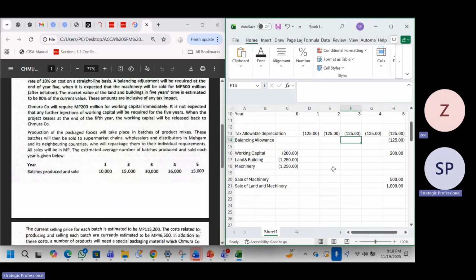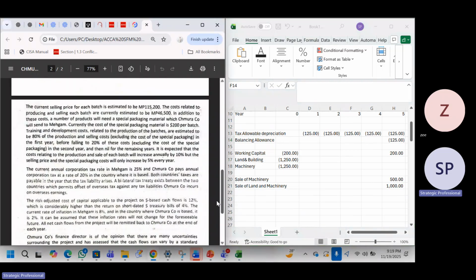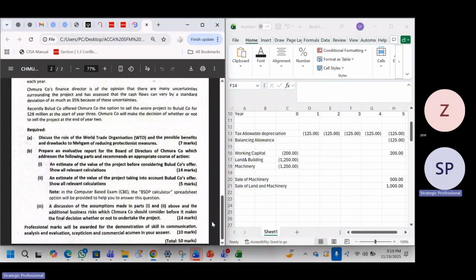Can this be queried? Yes, now, because 100%, your assumptions now is part of professional skepticism, querying the assumption. Do you understand? There's a part in the question, in the requirement, that will require you to discuss the assumptions, right? Look at part 3. So you will discuss it here.